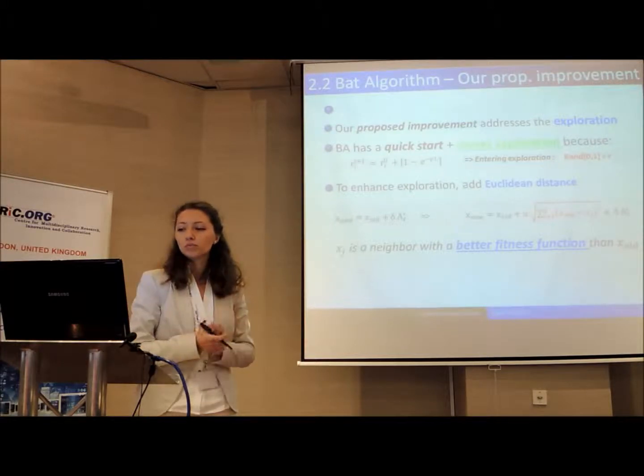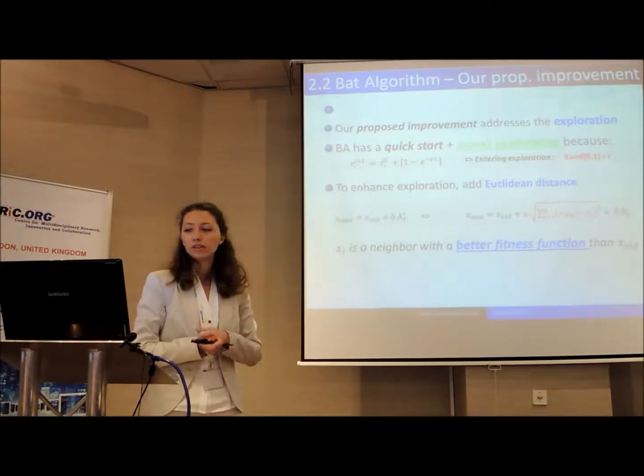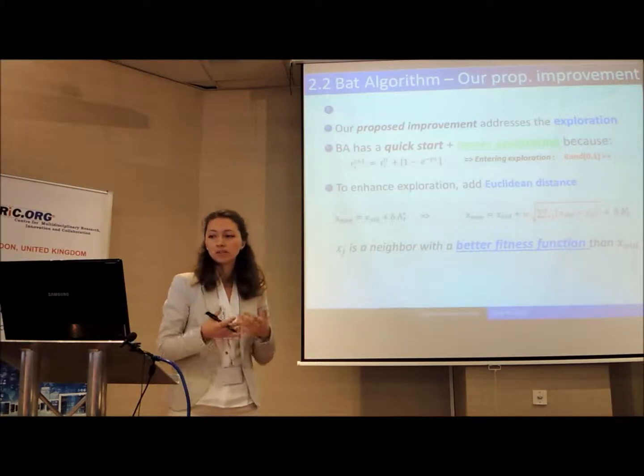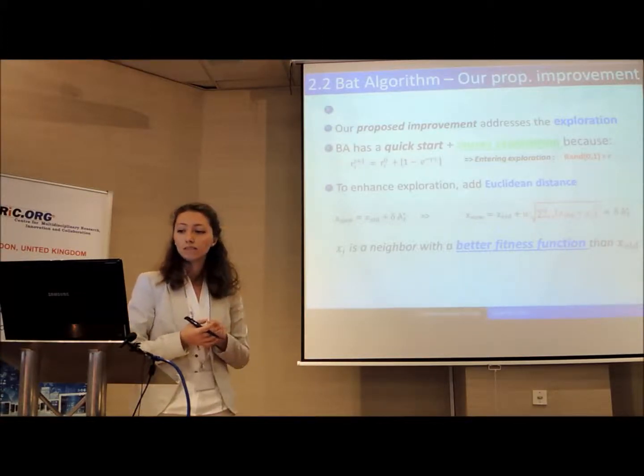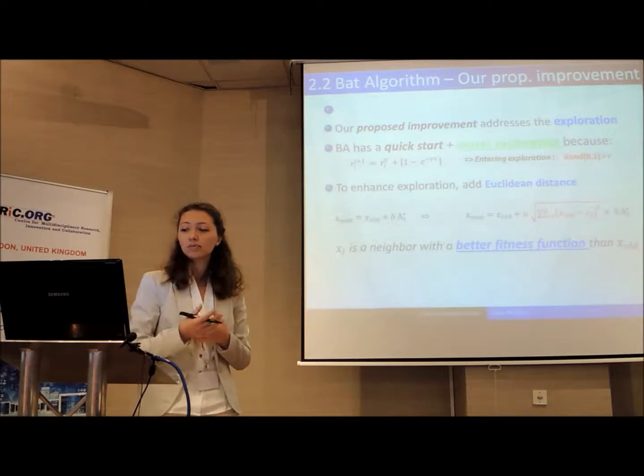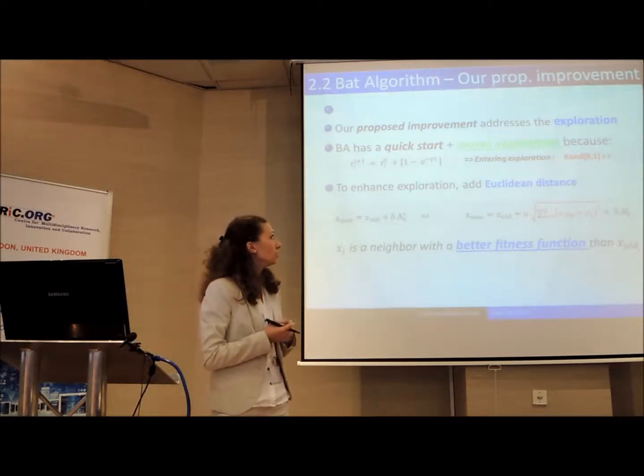Our proposed improvement addresses the exploration component because even though the algorithm has a quick start, it also quickly loses exploration as the pulse rate emission increases exponentially, and therefore entering the exploration condition that is shown on the slide becomes less probable.